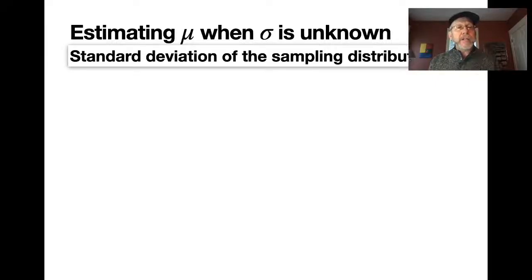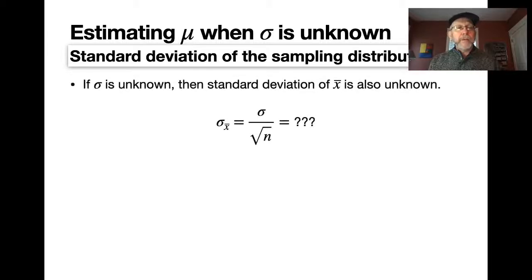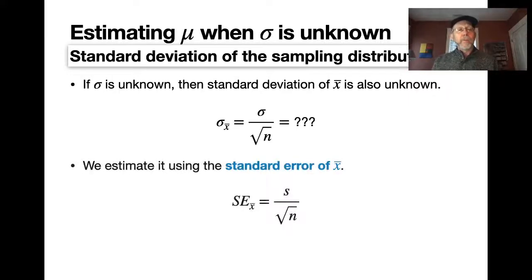Now let's look at how the standard deviation of the sampling distribution is going to be handled. If sigma is unknown, we simply don't have anything to plug in to the formula for the standard deviation of the sampling distribution. But again, what we do is we estimate sigma with s.